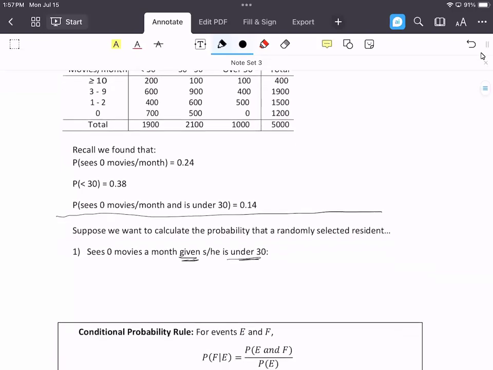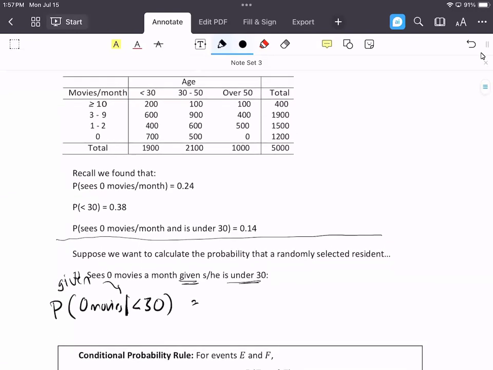So how do we write this with good notation? We start with probability. What comes after is like the word given, that straight line there. Given under 30, so there's the condition. The condition always comes second. And we're interested in sees 0 movies. Am I interested in everyone?